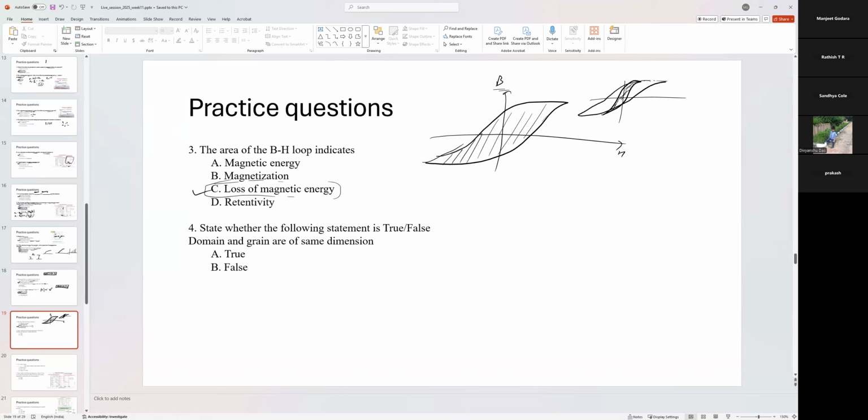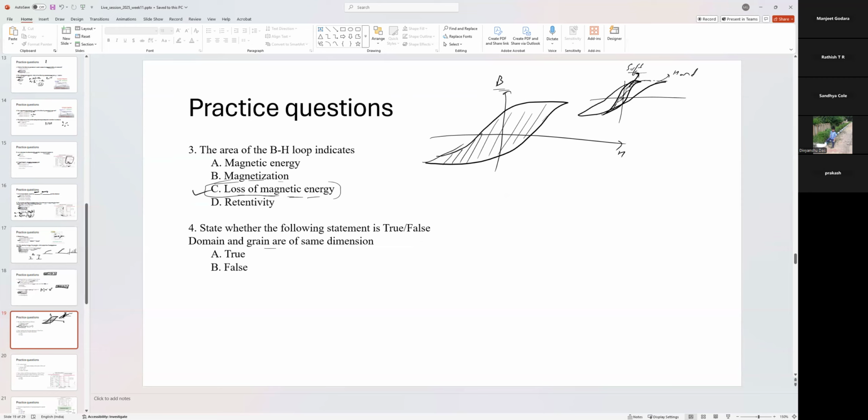So you want a softer magnet. For transformers, you want soft magnets. They lead to lesser loss of magnetic energy, more efficient transformers.